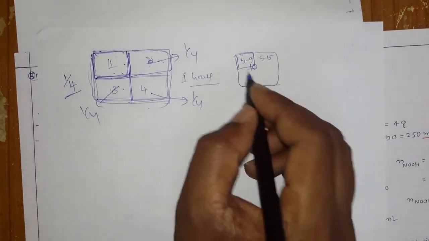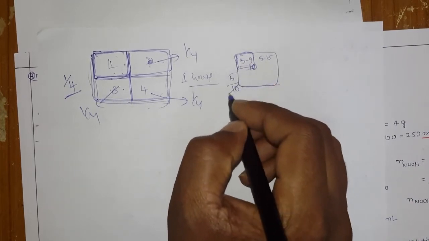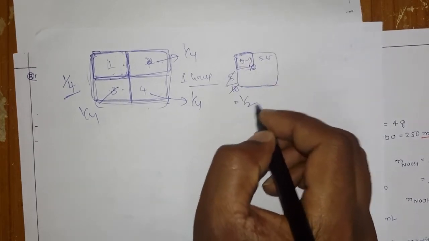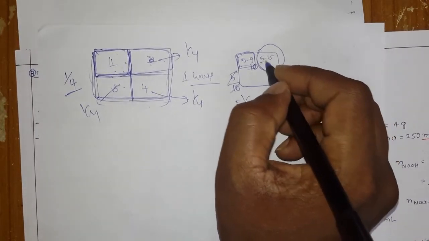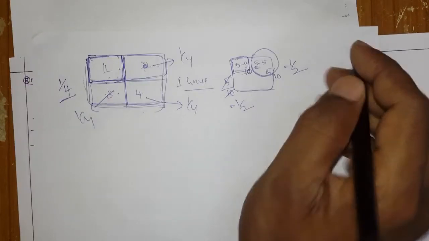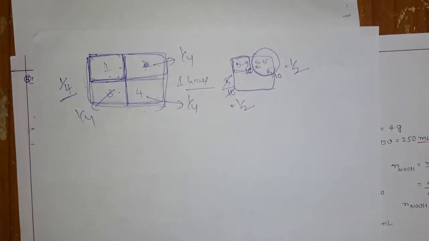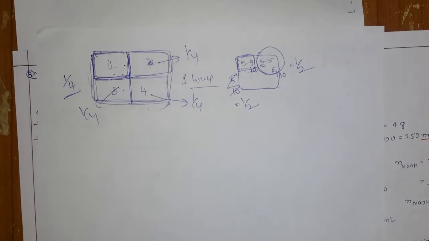You simply take the number of girls divided by the total number, so you get the fraction 1 by 2. Similarly for the boys, it is 5 by 10, which is 1 by 2. Like this you can express fractions, that is, whatever the component is, divided by the total number of components.